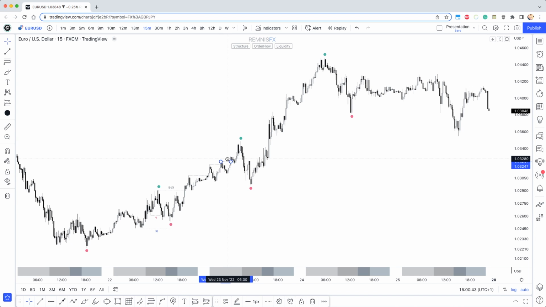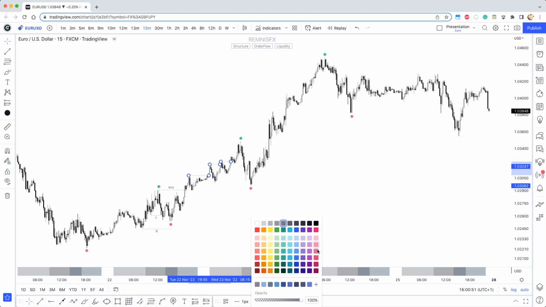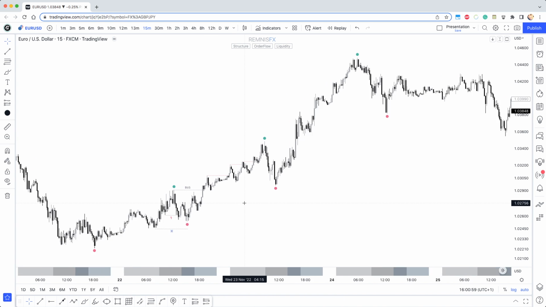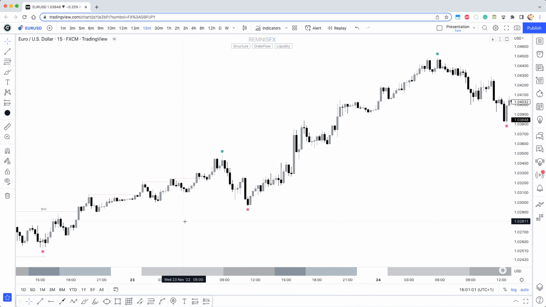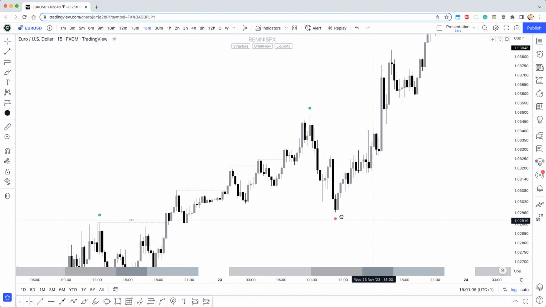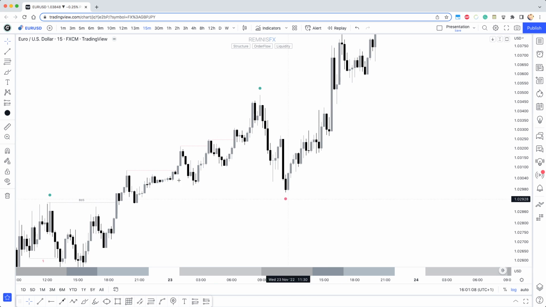So let me mark these up really quick like that. And also let's give them a different color, like red, for example, for not correct, right? Because why? Look at this. I bet some traders in the past week had become victim of the following, okay?